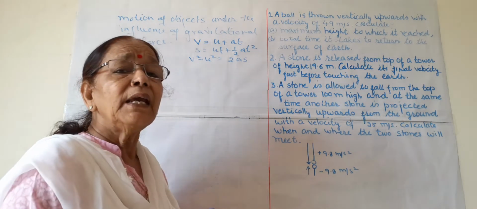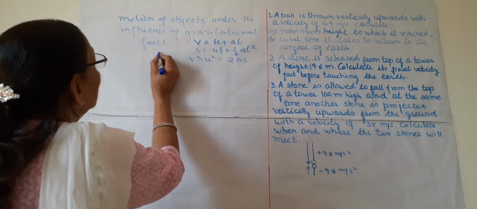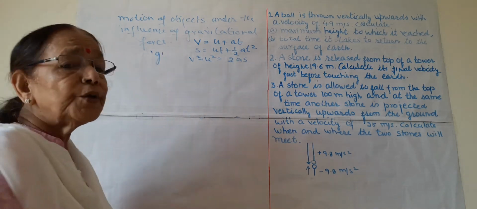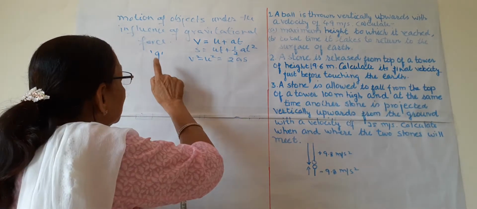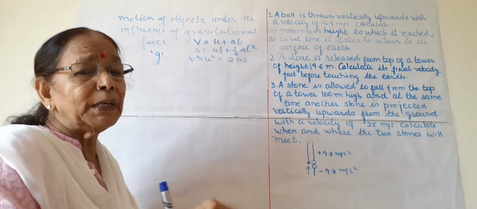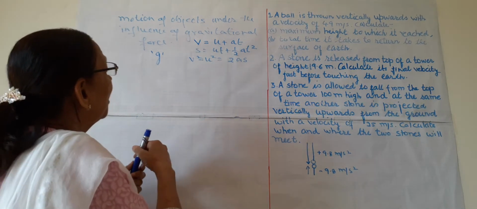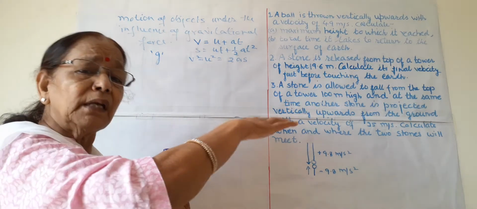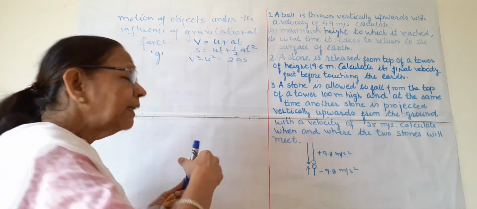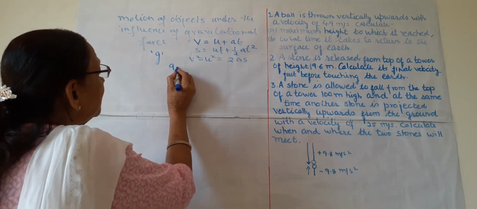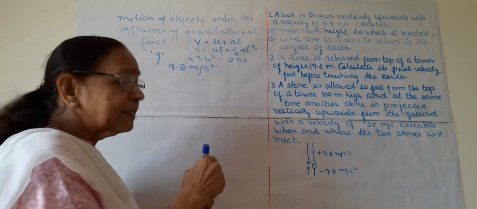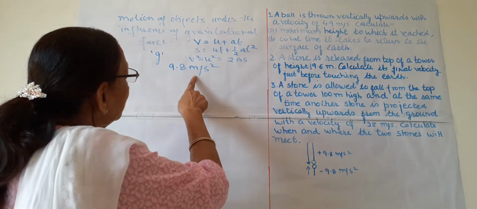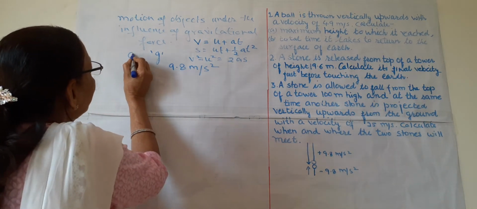Now we see if g, which is acceleration due to gravity, is uniform or not. This g is also uniform acceleration because the value of g is constant on the earth surface and near the earth surface, and it is 9.8 meter per second square. The unit is the same as that of a.